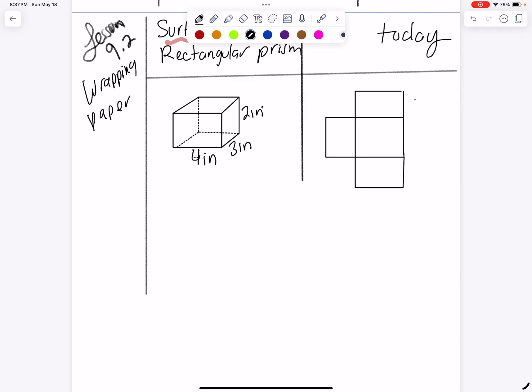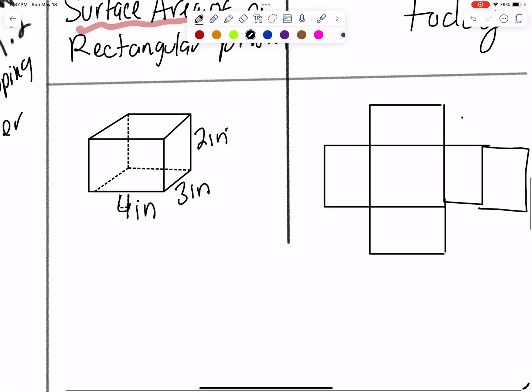Just when you have to draw them out like this, they're very confuzzling.